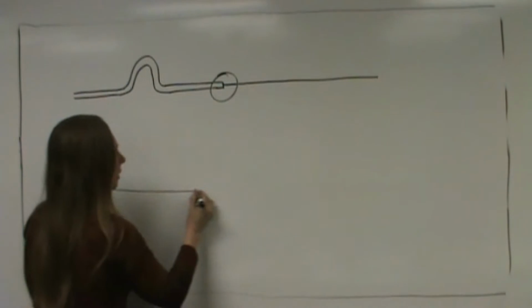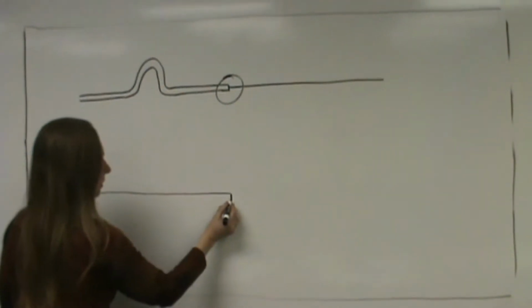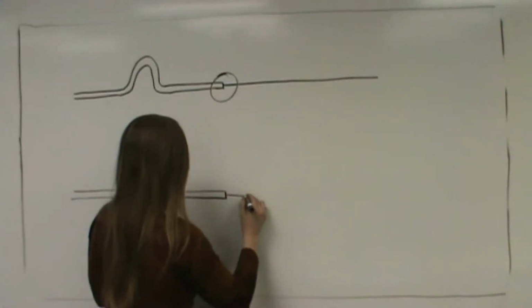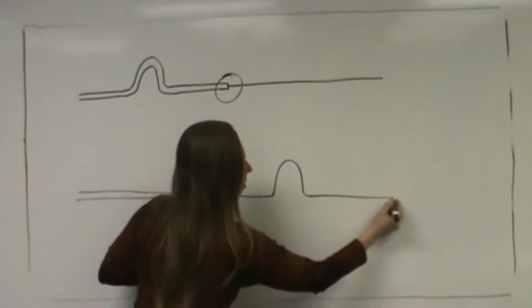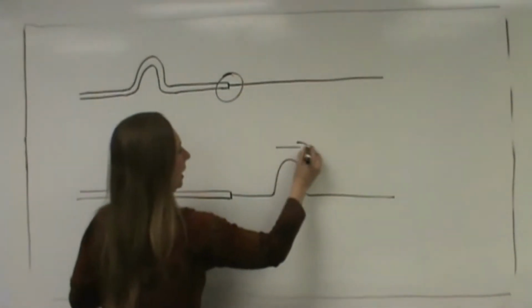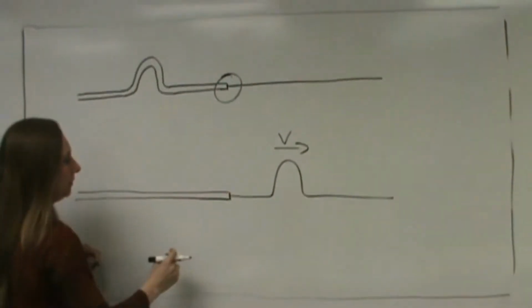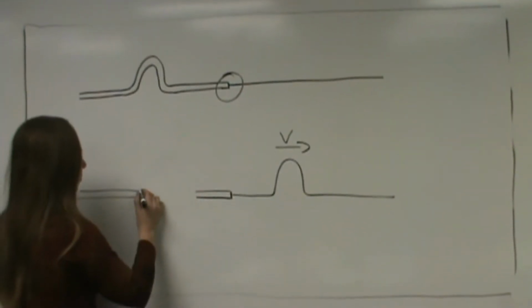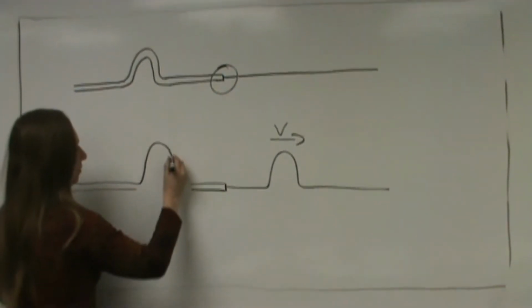So it will be transmitted from this piece of rope to this piece of rope, and part of it will keep going that way, and part of it will reflect back, but it will stay on top.